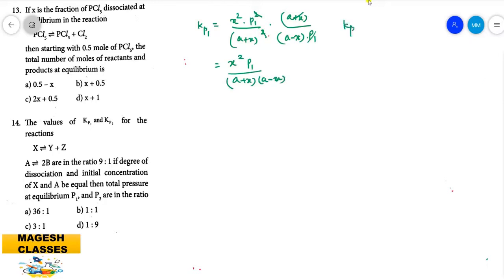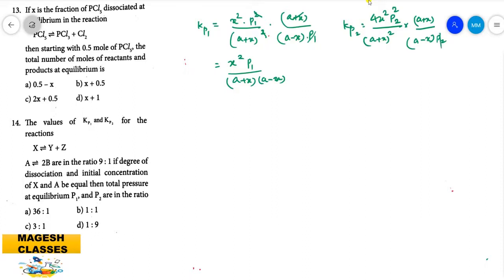Here Kp2 is equal to 4x squared P2 squared divided by A plus x whole squared, into A plus x divided by A minus x into P2.